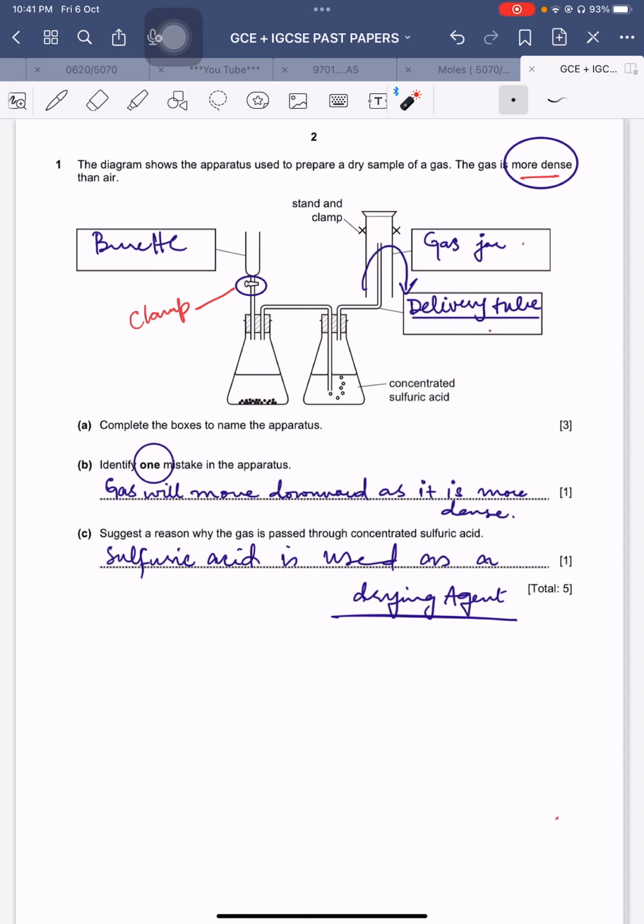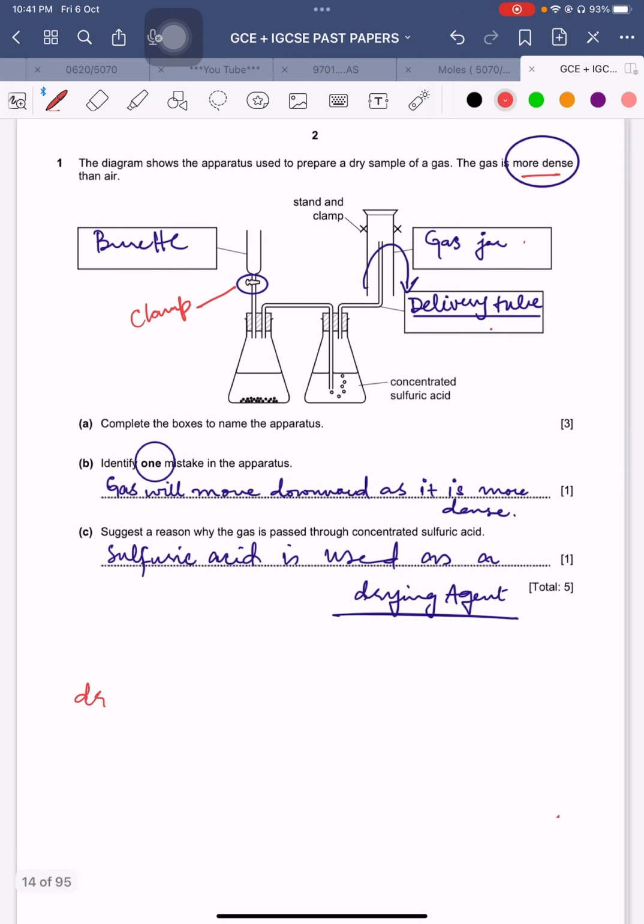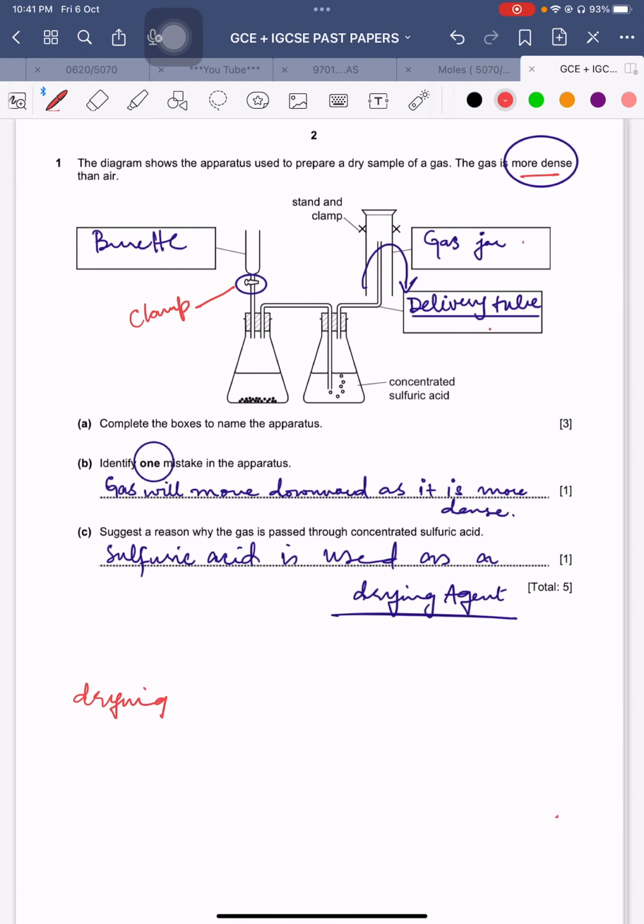Okay. Then what they are saying, suggest a reason why the gas is passed through concentrated sulfuric acid. I have taught you that there are three types of drying agents. Drying agents means those substances which are absorbing the moisture. Drying agent number one, concentrated H2SO4.